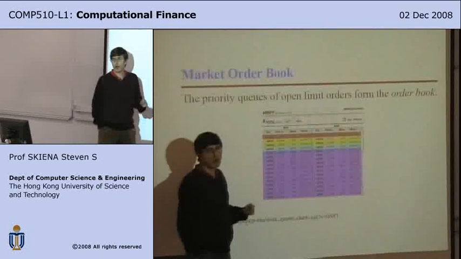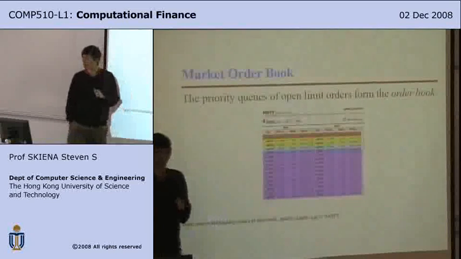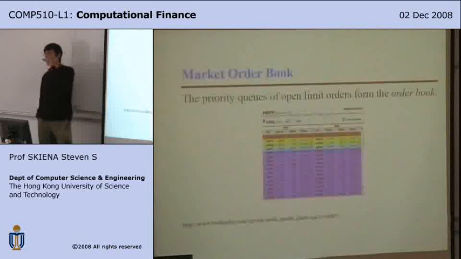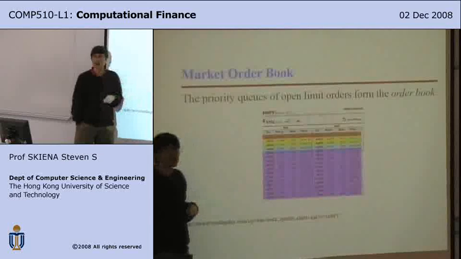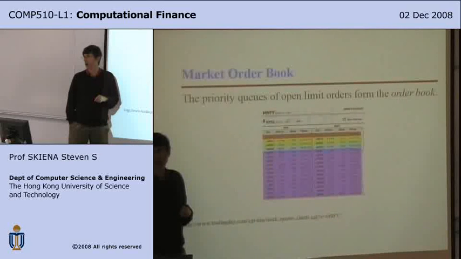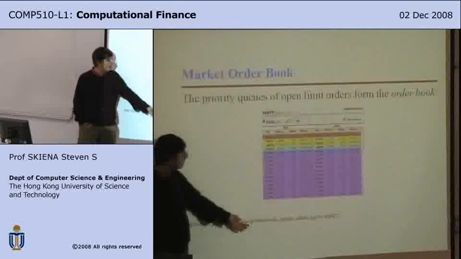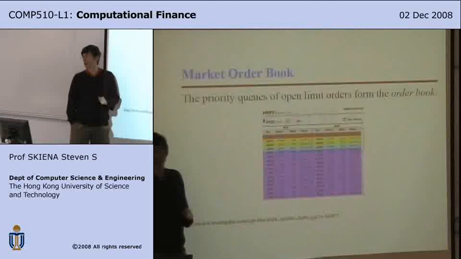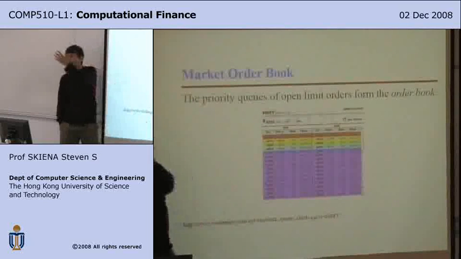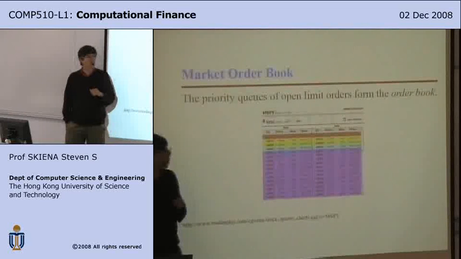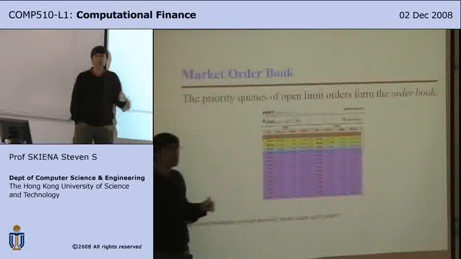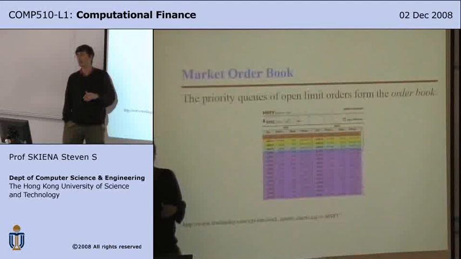So yes, I can right now call my broker and say, I am willing to buy Microsoft when it hits $12 a share. And that would be sitting there harmlessly at the low end of the queue. If I go off to the moon for a year, perhaps I'll come back and find that it got executed.